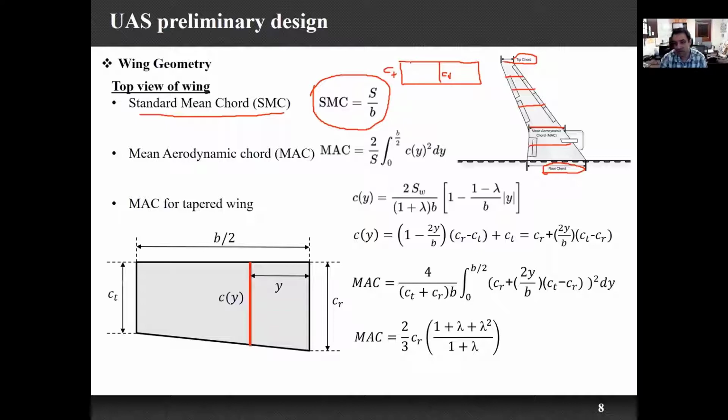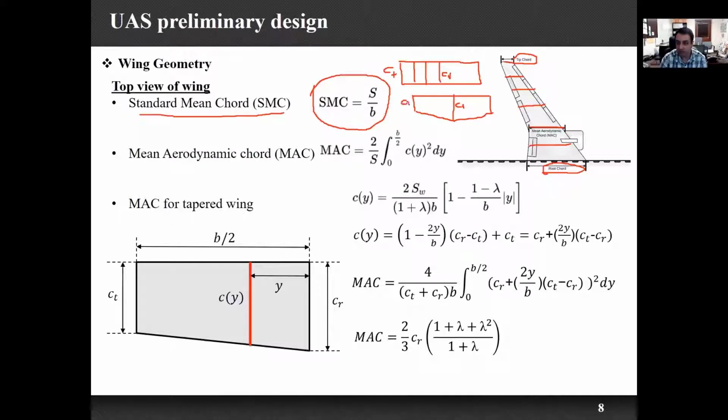So here, the standard mean chord for every part is equal to CT equal to CR equal to C. But if you have a tapered wing shape, as we saw here, for example, if this is the half of the wing, so if this is a top view, this is the CR, which is our root chord.